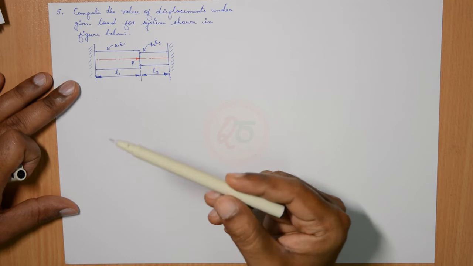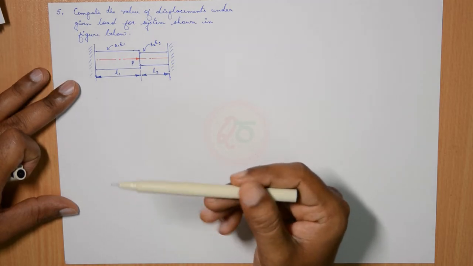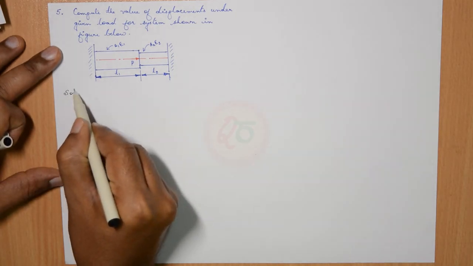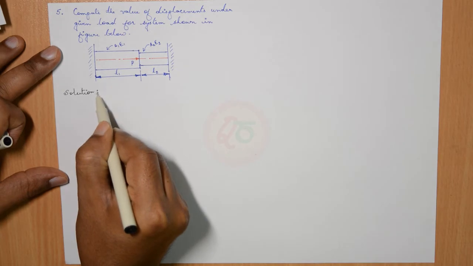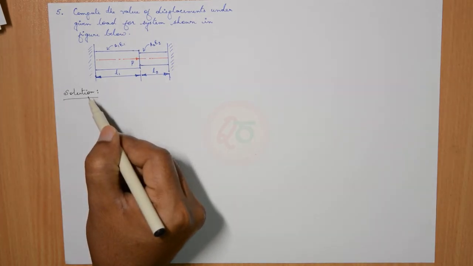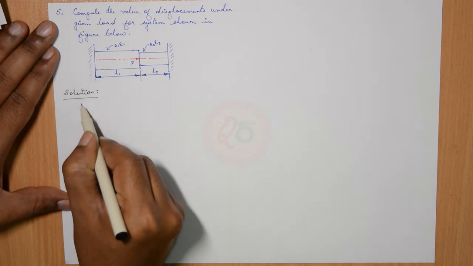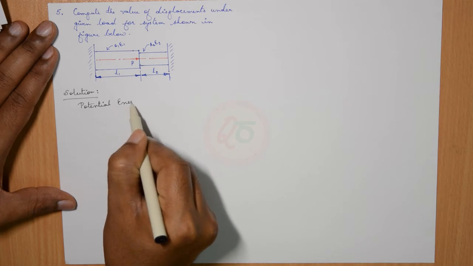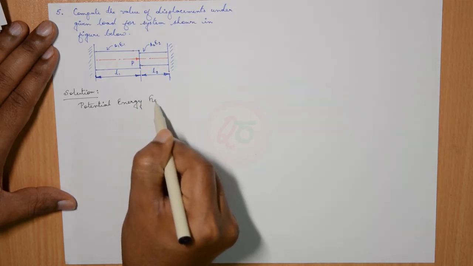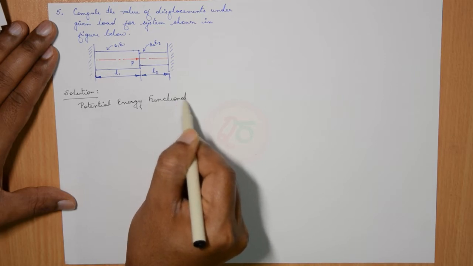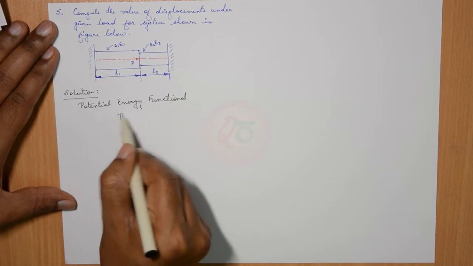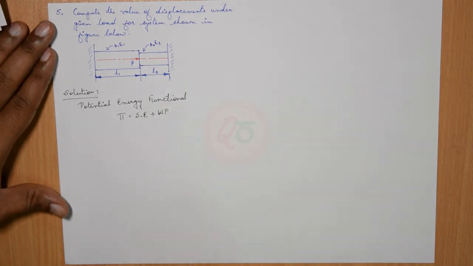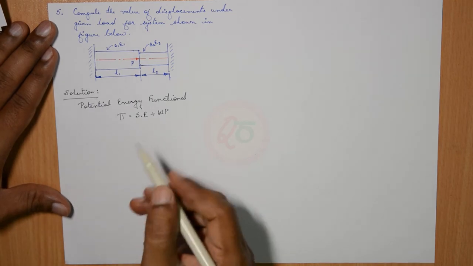So in order to solve this, we follow the same procedure as we were doing before. So the solution, the very first step is to obtain the potential energy function. So the potential energy functional is given by pi equals strain energy plus the work potential.